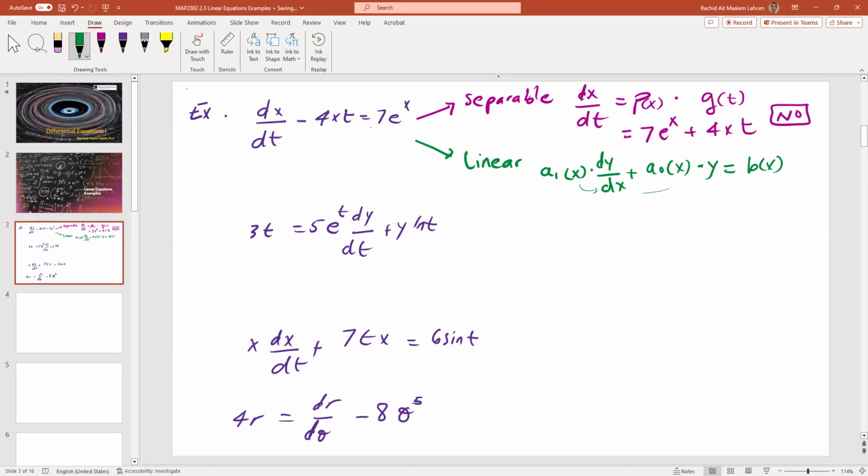So these are connected to the independent variable, and we have dy there. So here, the dy is the dx, and the dx is the dt in this example.